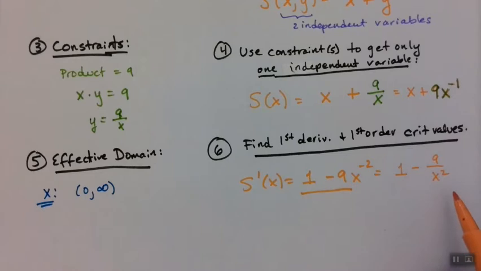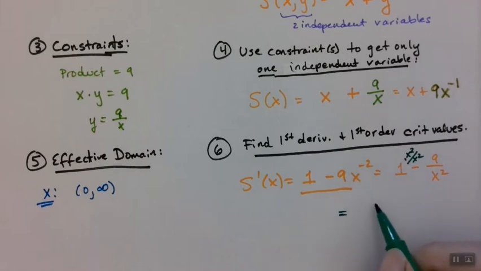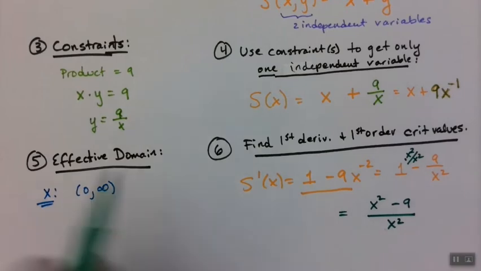Either one of these is fine. However, I recognize that I need to find the critical values, right? So the critical values are going to be where I set the derivative equal to 0 or the derivative does not exist. So I'm going to have to simplify this in order to get a better view. So I'm going to multiply by x squared over x squared. That would make it x squared minus 9 all over x squared. That would be s prime.